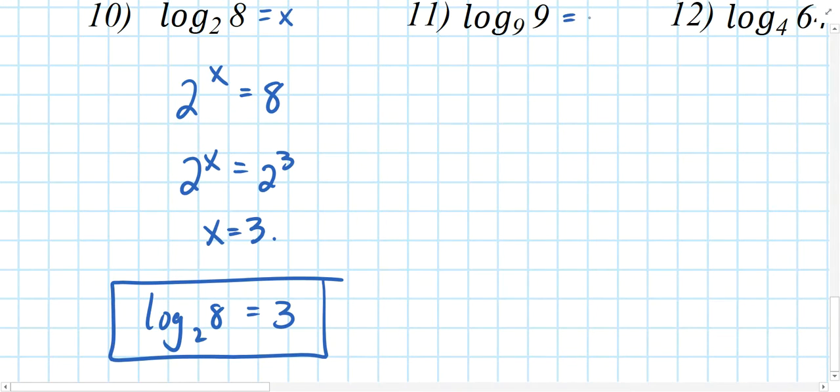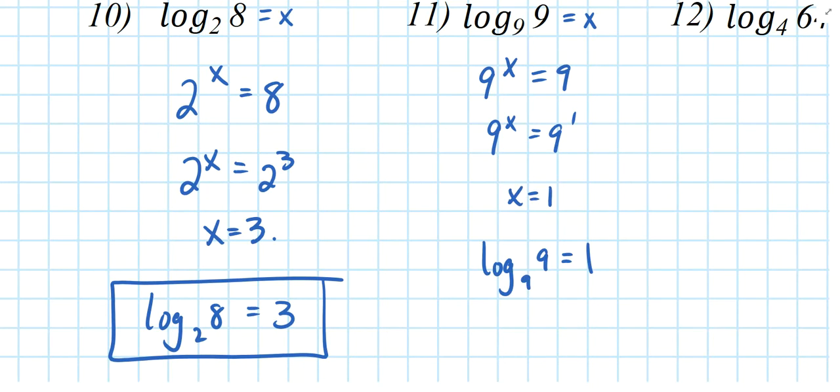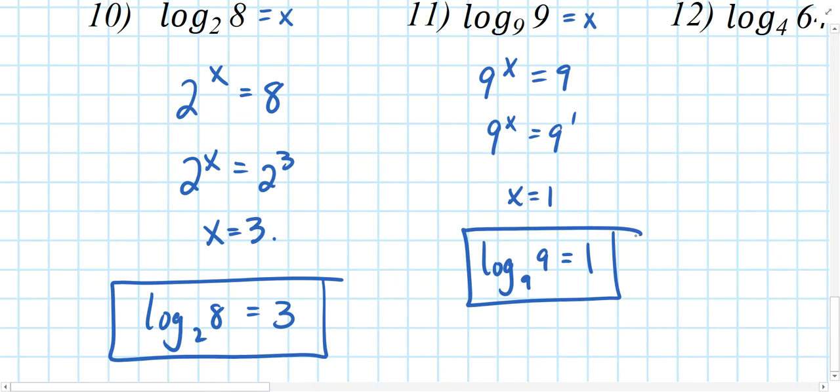In example 11, we might think that 9 to the power of x equals 9, and recognize that x must be 1. Therefore, this logarithm evaluates to 1.